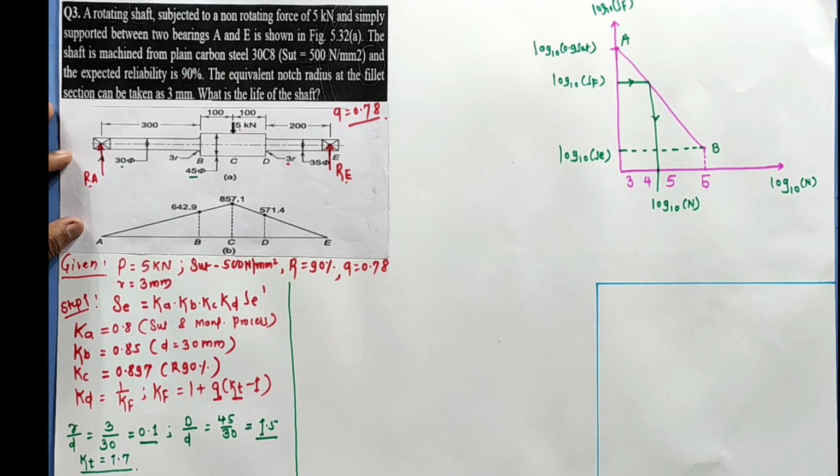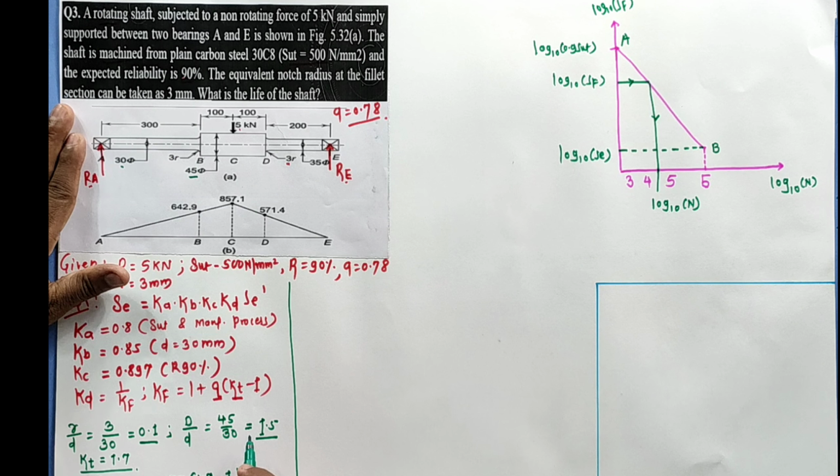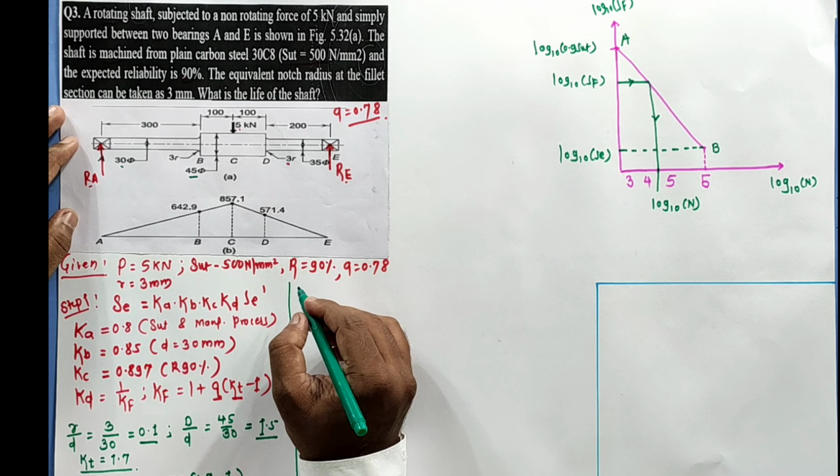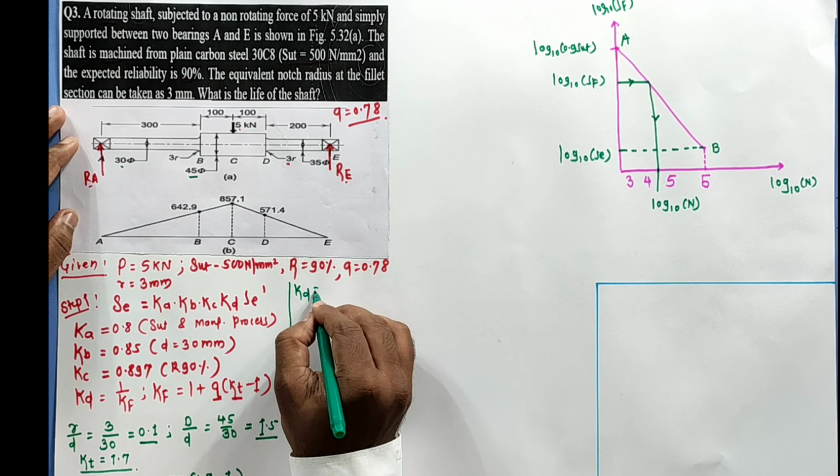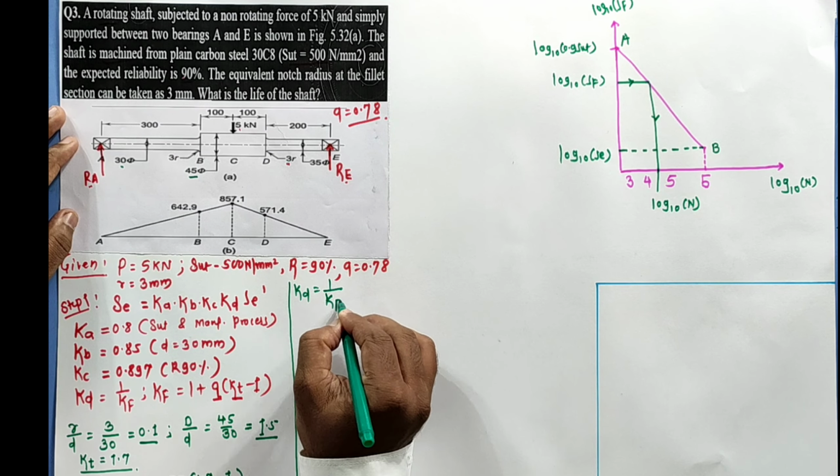So once I get the KT, I can calculate KF is equal to 1 plus Q, which is 0.78, into KT 1.7 minus 1. So I'll get the fatigue stress concentration factor KF, 1.5304. Once I get the KF, I'll calculate KD is equal to 1 by KF.